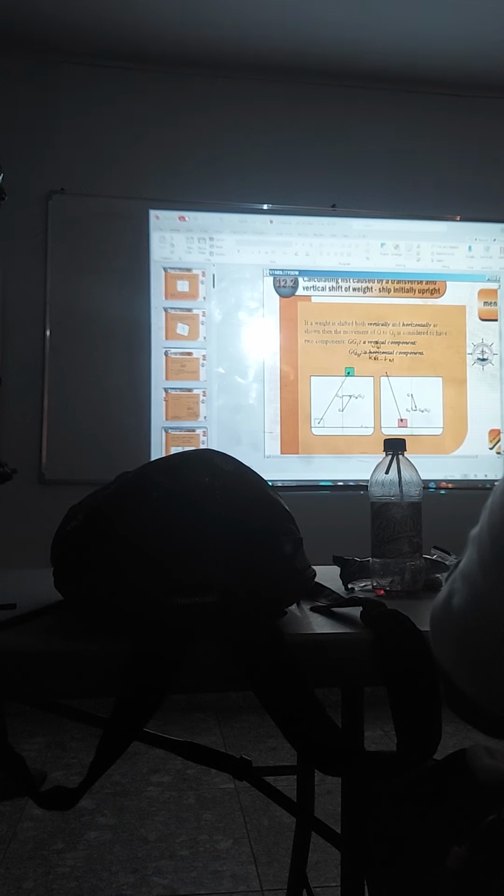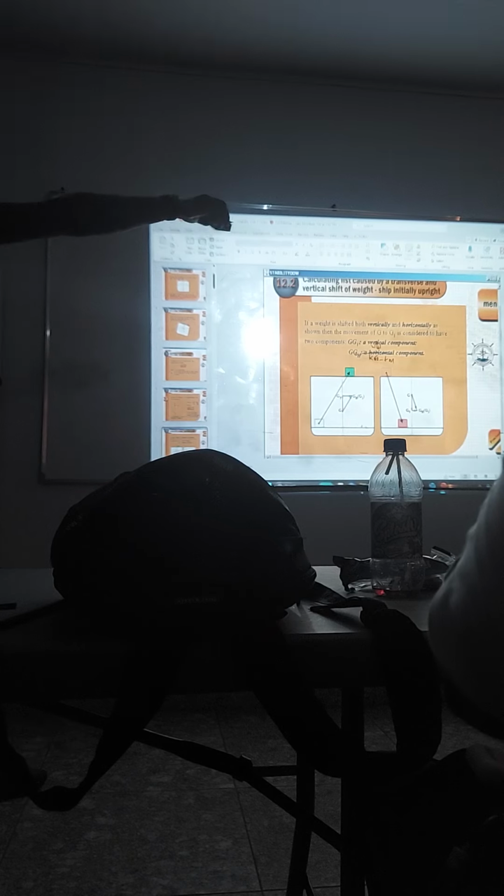Alright, so do we understand? Can anybody say what is going on here? What really happened? The weight would have caused a shift vertically and horizontally.